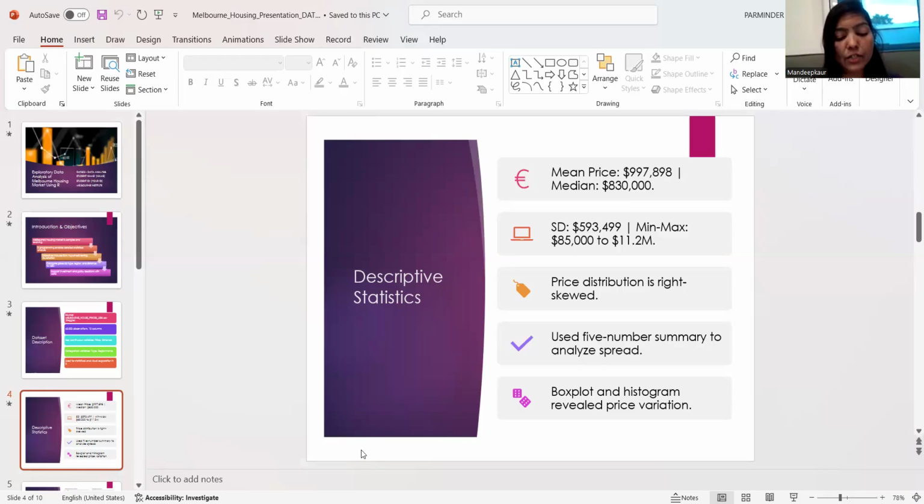The standard deviation was calculated as 5,93,499, which further supports the presence of extreme values. A five-number summary, minimum, Q1, median, Q3, and maximum, was used to understand price dispersion. These summaries laid the groundwork for the visualization and testing that followed.